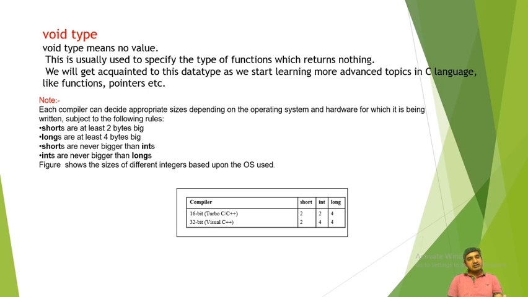Then if we consider a 32-bit compiler, where Visual C++ is used, short is 2 bytes, integer is 4 bytes, and long integer is 4 bytes.